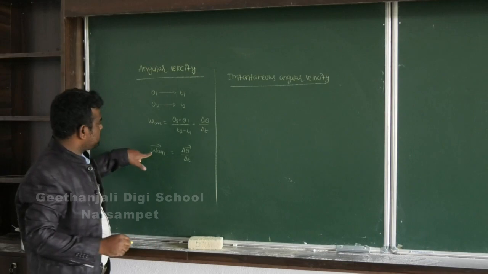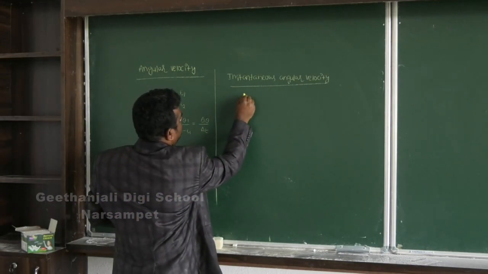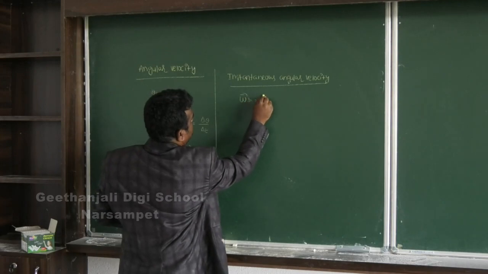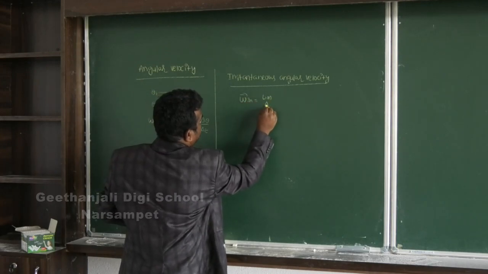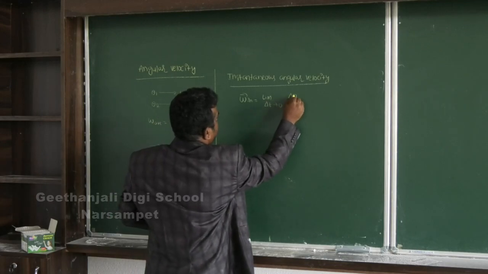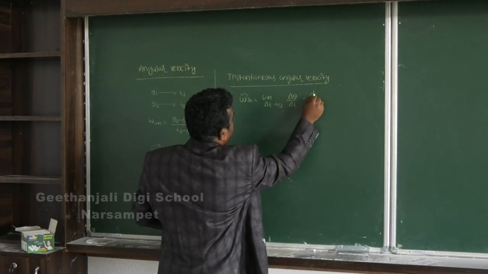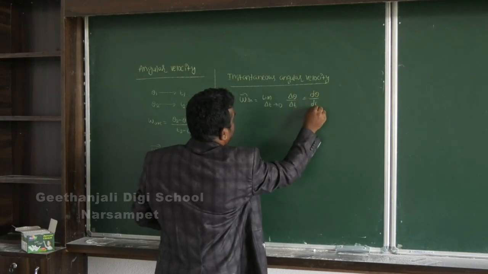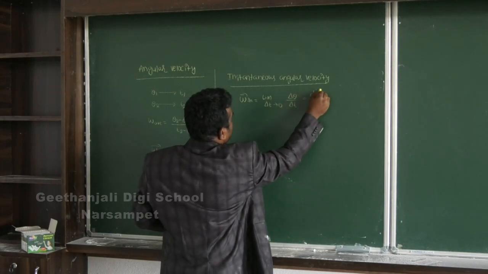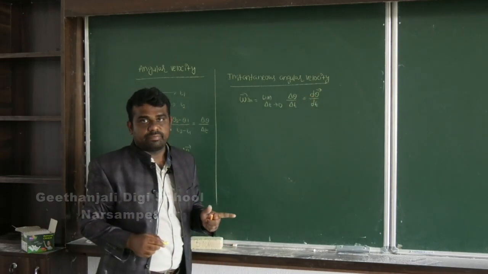The instantaneous angular velocity is represented as omega instantaneous equals the limit as delta t tends to 0 of delta theta by delta t, which is equal to d theta by dt. So this is the instantaneous angular velocity.